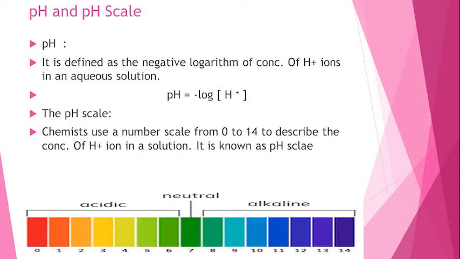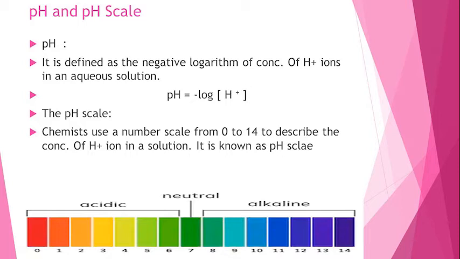Dear students, I have shown you a litmus test in my first lecture, Introduction of Acid, Bases and Salt, with the help of which we recognize whether a solution is acid or base. But we can't calculate the strength of acids or bases with the help of litmus paper.